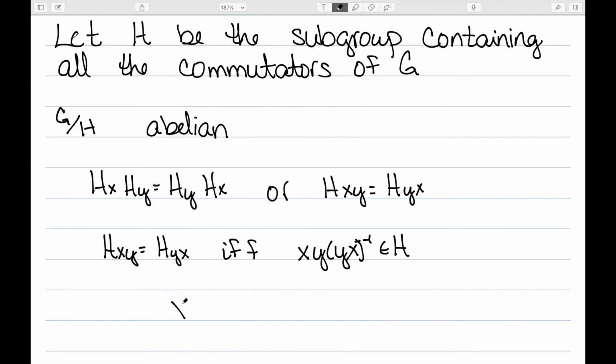Rewriting this, I have x y x inverse y inverse, since whenever I distribute the inverse, I need to switch the order. This belongs to H. And this thing here is just a commutator. So if H has all of the commutators, then we have that G mod H is abelian.